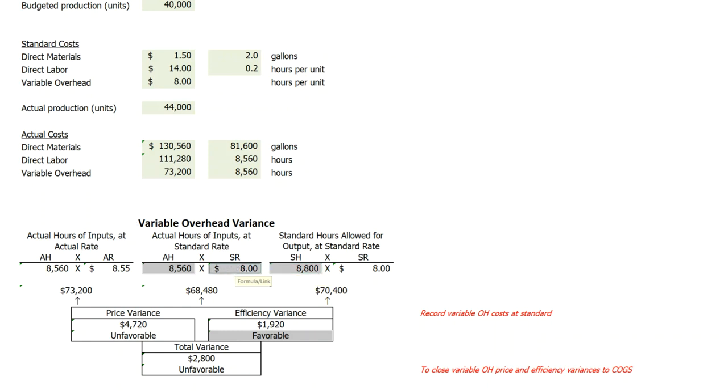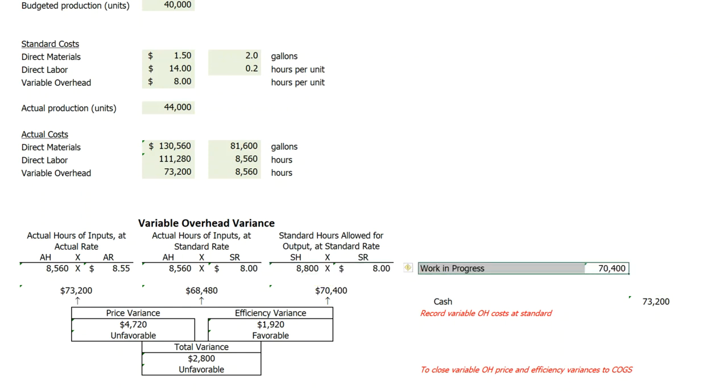Let's go ahead and take a look at our journal entries. Again, when we're paying our actual overhead, we're going to credit cash or accounts payable for the actual amount of overhead cost, in the amount of $73,200. Of course, we said we record or apply our manufacturing overhead based on standard hours and standard rates.